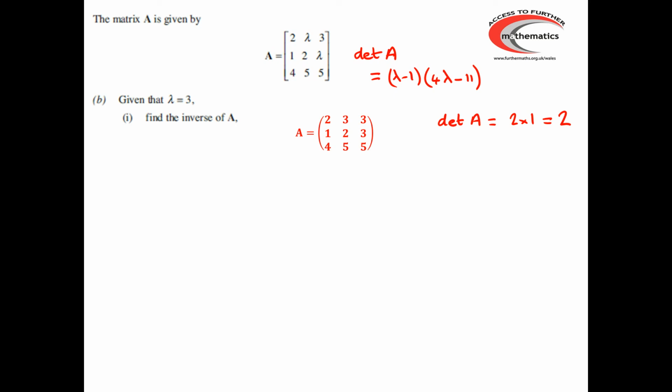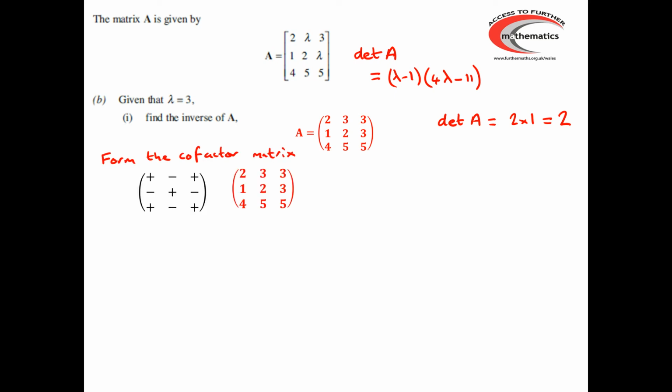Now we've got to find the inverse of this matrix A. So we need first of all to find the cofactor matrix. So there's my matrix A, and I've started off with my grid of pluses and minuses. So looking at the first entry, we delete the first column, we delete the first row.